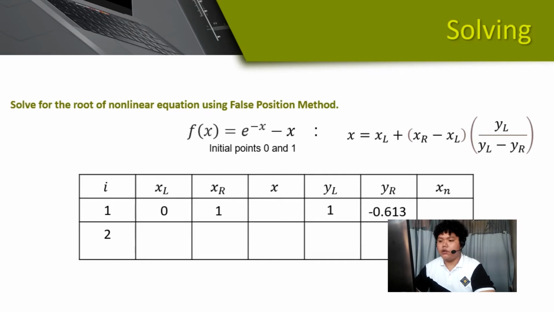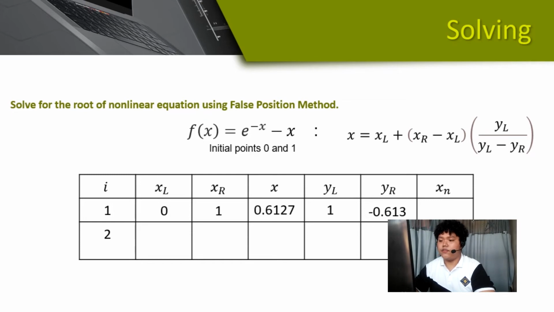Since we already have our limits and their functions, we can now solve for the value of x using our formula. xl, or the 0, plus open parentheses 1 minus 0 close parentheses multiplied by the function of the left limit, 1, all over 1 minus negative 0.632 close parentheses, we will have a value of x of 0.6127.